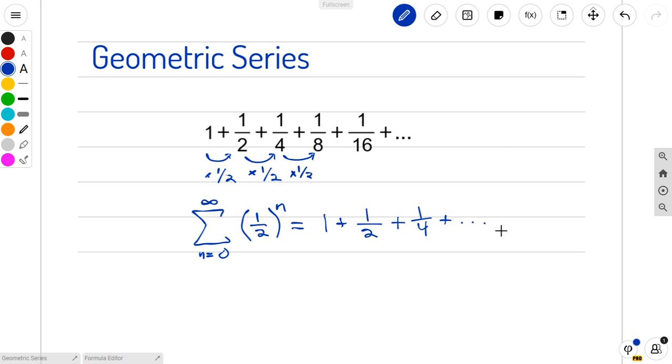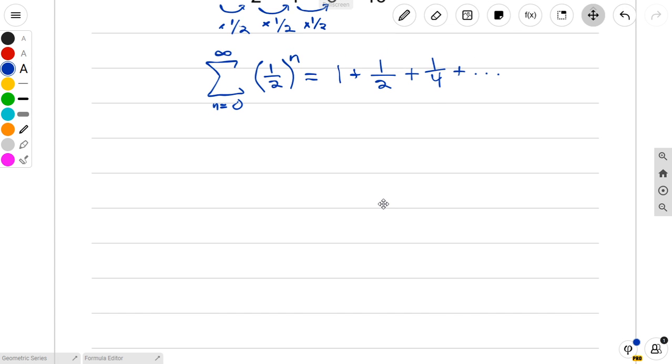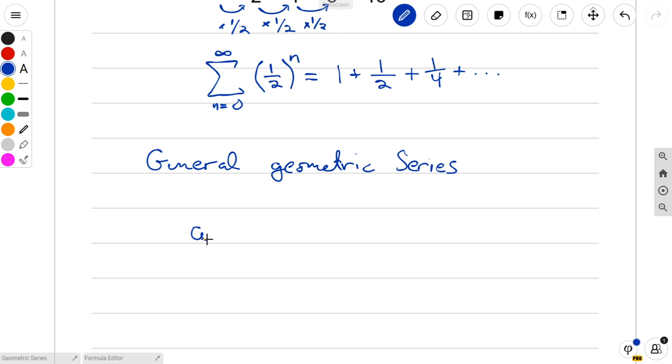Now, in general, this geometric series, or pretty much any geometric series, is going to be similar, right? So in general, we're going to have our first term, whatever that might be, and then our second term is going to be a sub 0 times whatever this common ratio happens to be.